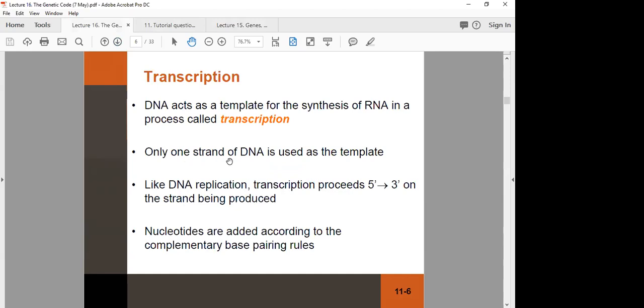Only one strand of DNA will be used as the template, and only a single strand of RNA is actually synthesized. But just like DNA replication, transcription will proceed from 5' to 3' on the strand of RNA that's being produced. Nucleotides are added to this new strand of RNA according to our complementary base pairing rules.